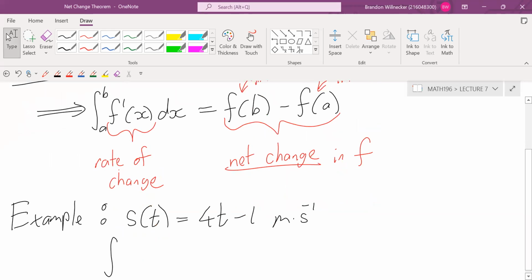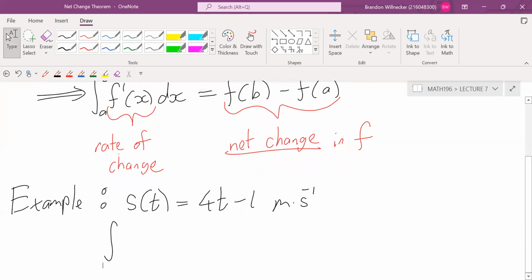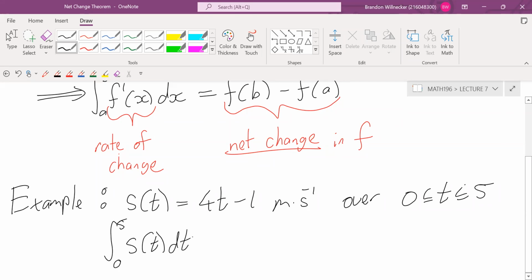So the integral over 0 less than or equal to t less than or equal to 5. So from 0 seconds to 5 seconds, we want to know the distance. So we integrate from 0 to 5, s of t dt.